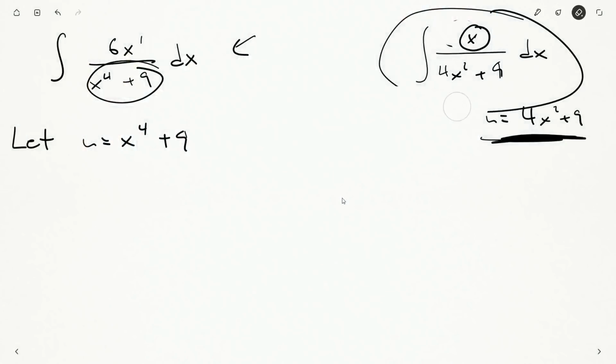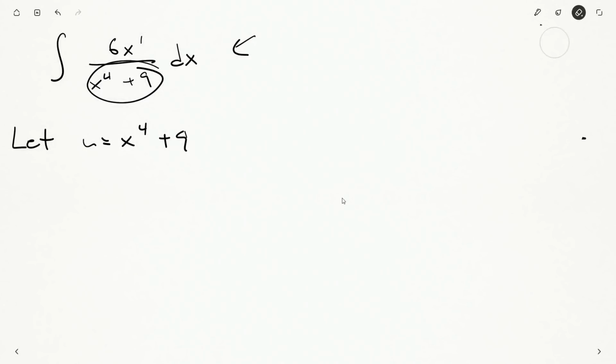So the student is naively saying, well, I'm just going to take the whole bottom. Okay, let's watch that fail, and we'll see what a lot of people tend to do to try and recover from this. So as soon as I've made my u, I get my du, which will be 4x cubed. The 9 goes away. Now, I don't see a 4x cubed. I see a 6x to the 1. That's kind of the same thing, right?